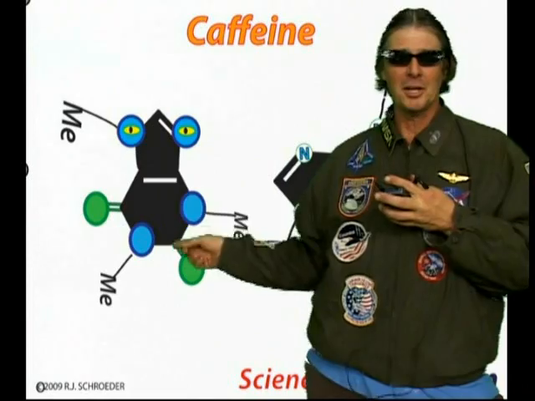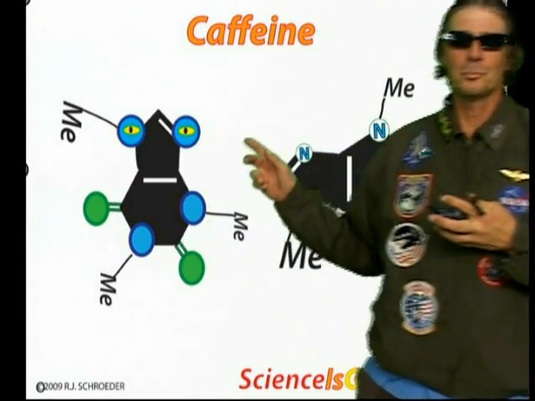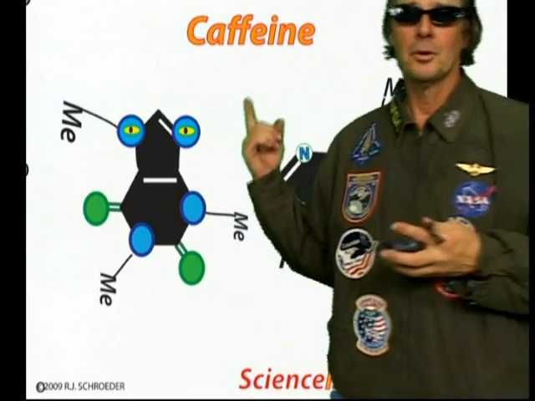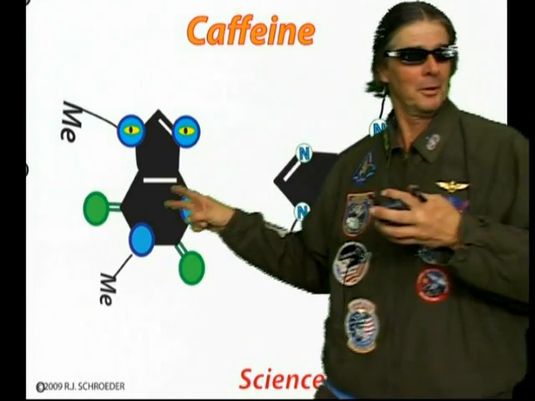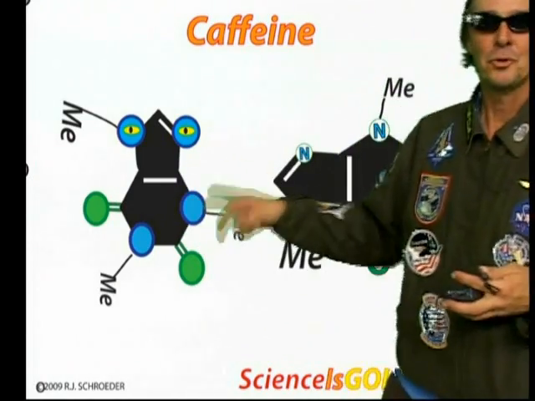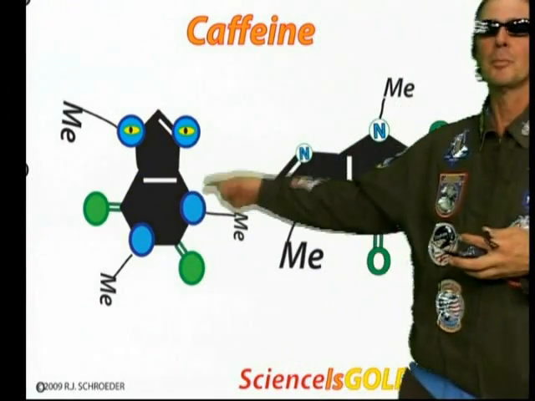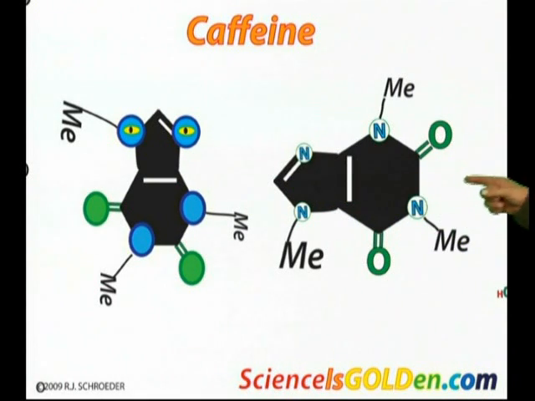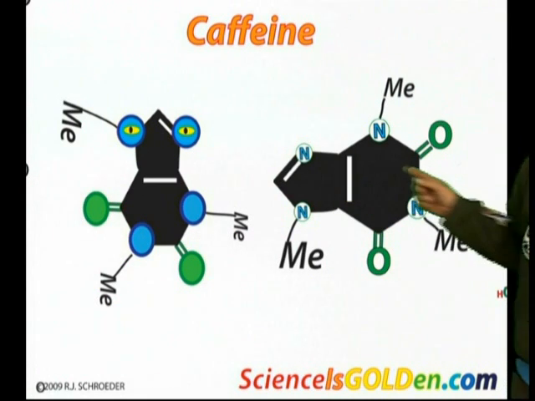So the caffeine double ring here, 6 and 5, is resembling the nucleic acids, adenine, and you remember, think, the 2 big capital letters, so adenine and guanine are the double ring structures. So caffeine looks a lot like your nucleic acid structures here, right?